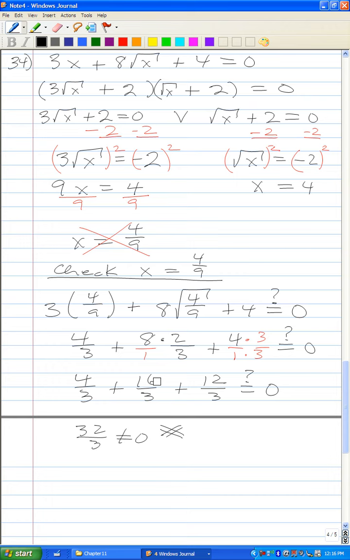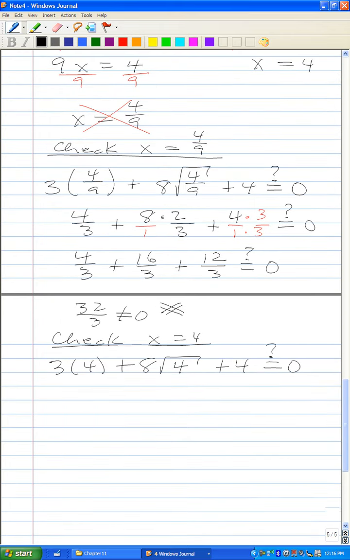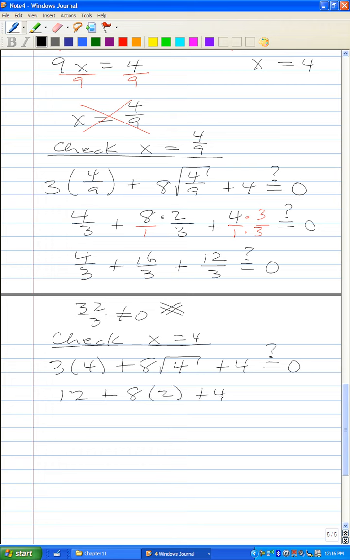Let me check at x equals 4. Let's see if that works. Is 3x plus 8 radical x plus 4 equal to 0? I don't know. Let's check. And so is 12 plus 8 times 2 plus 4 equal to 0?